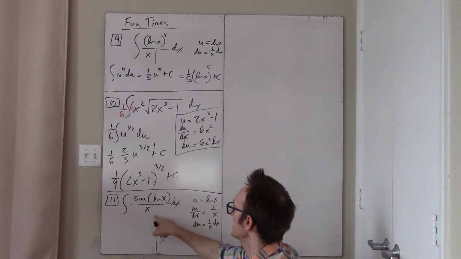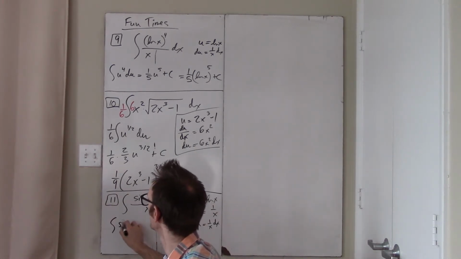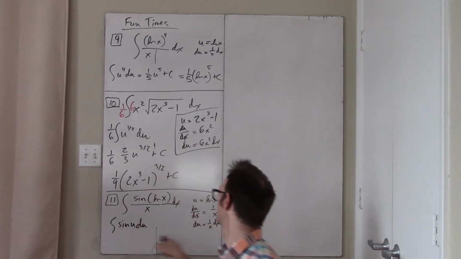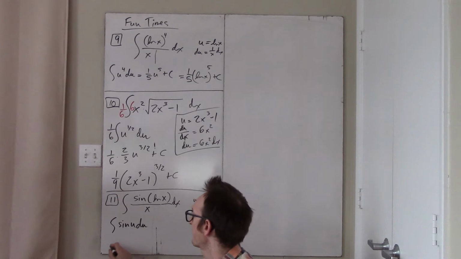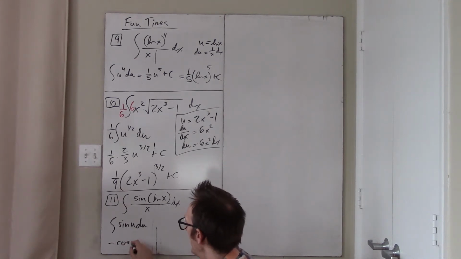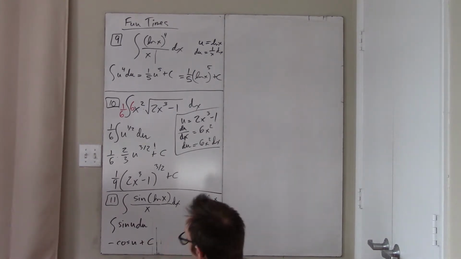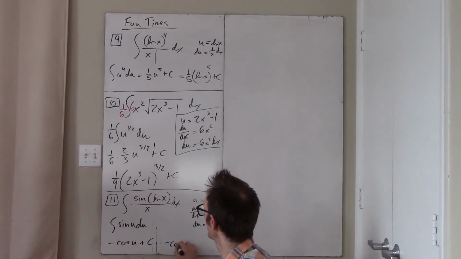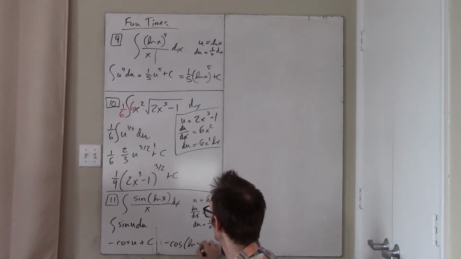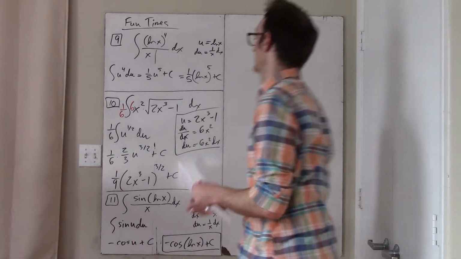But 1 over x dx is exactly what I have sitting there already, so this immediately turns into sine u du. Boom. And I know the antiderivative of sine is negative cosine u plus c, and therefore this becomes negative cosine of the natural log of x plus c, which is my final answer there.